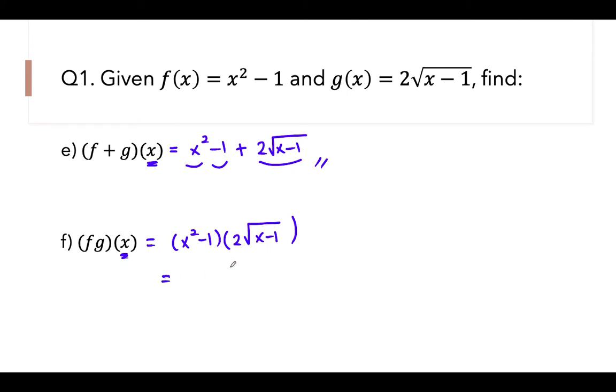So I could make it a little simpler by putting 2, the coefficient, at the front: 2 times x squared minus 1 times the square root of x minus 1. These two mean exactly the same thing, but I just made it a little more organized by putting the coefficient at the front. That will be your final answer.